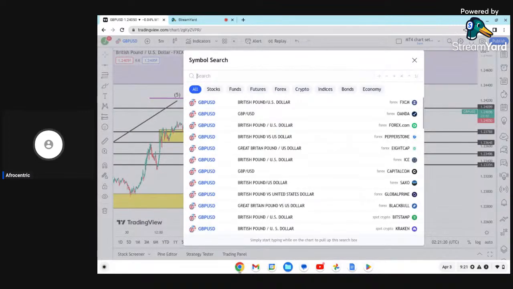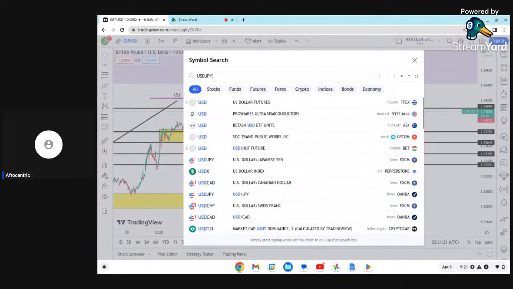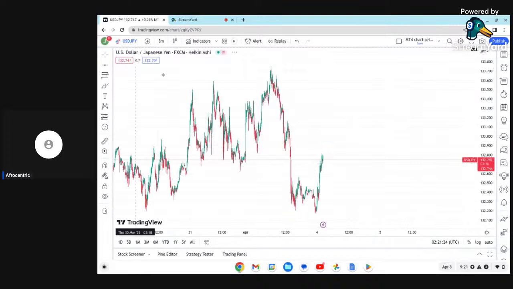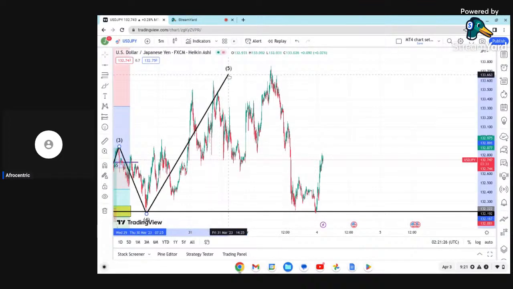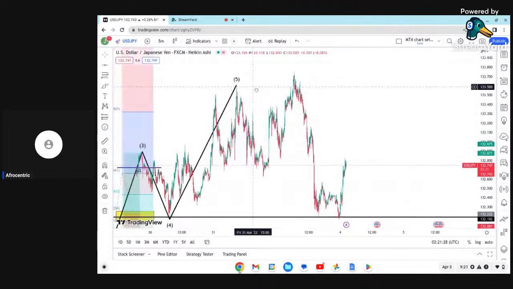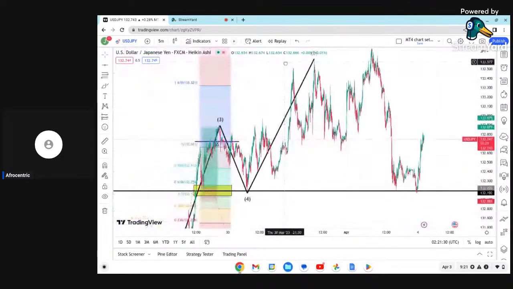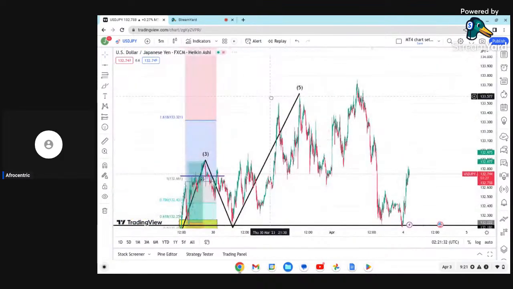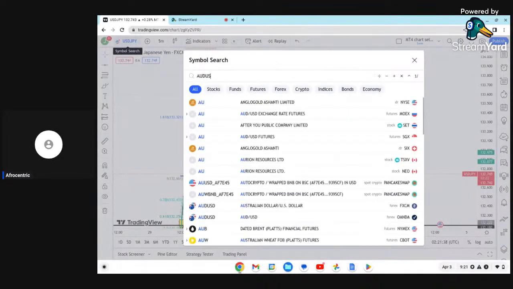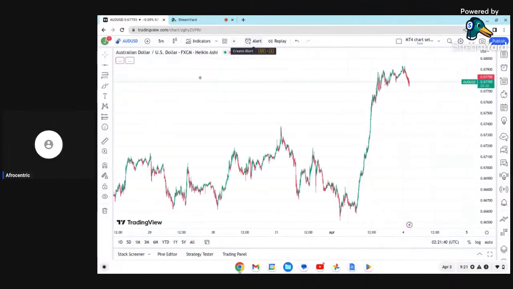Then there was something else I was looking at. I think it was UJ. I can't remember exactly which one it was. It might have been AUDUSD.